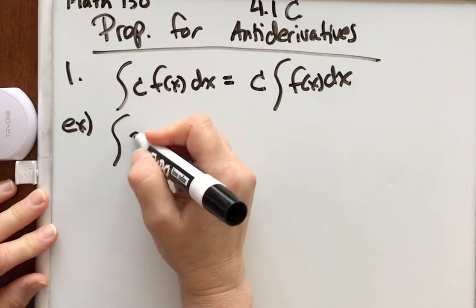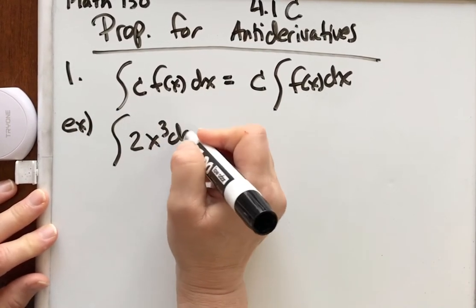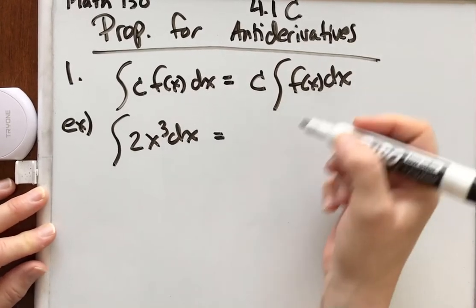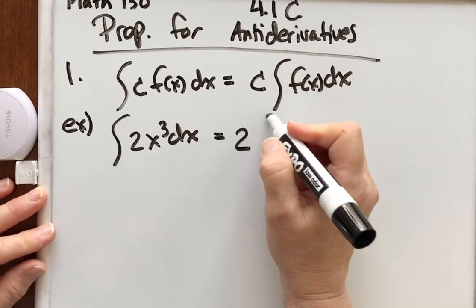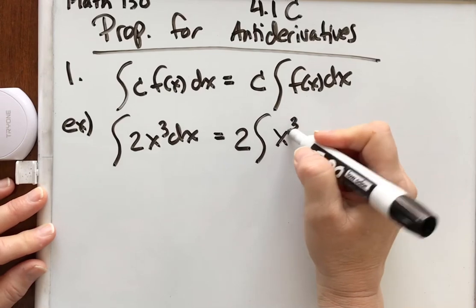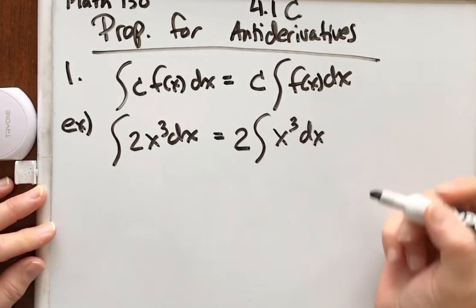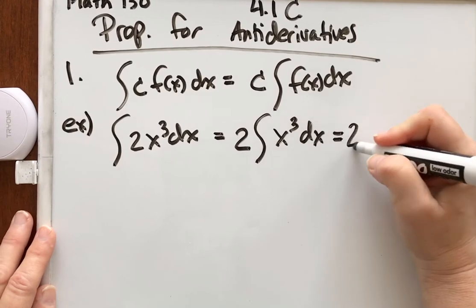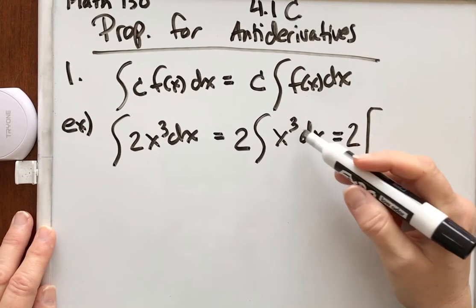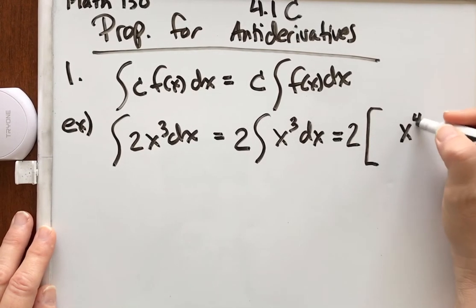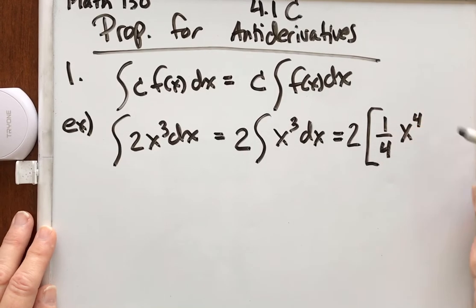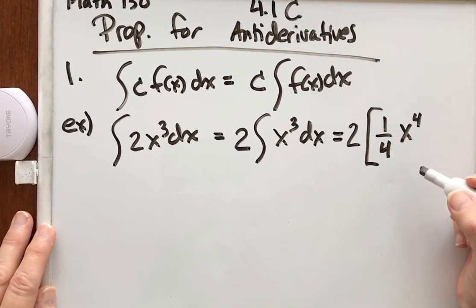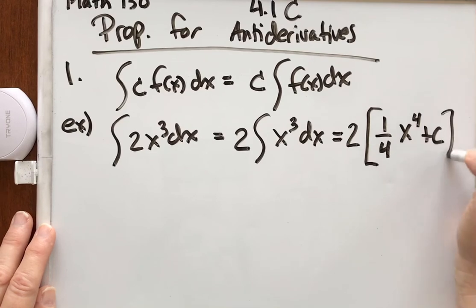Let's integrate 2x cubed dx. Following this first property, we can bring the 2 out and leave the x cubed dx in the integration sign. Okay, so now we're going to keep out our 2. We're going to add 1, divide by that same number, plus c.